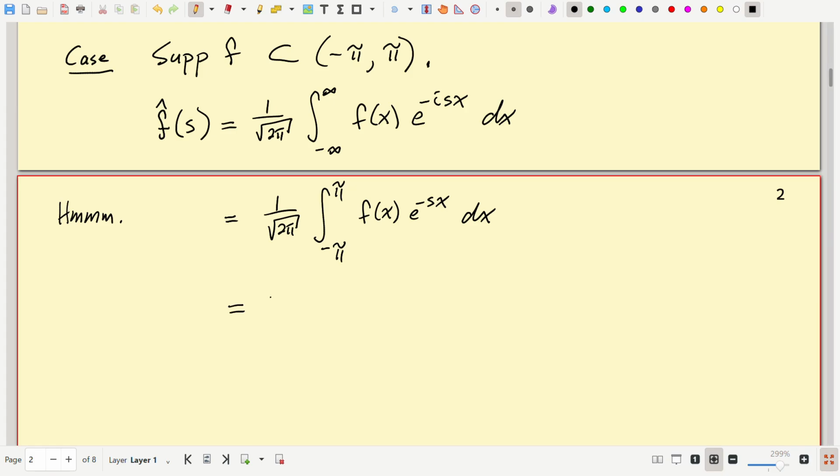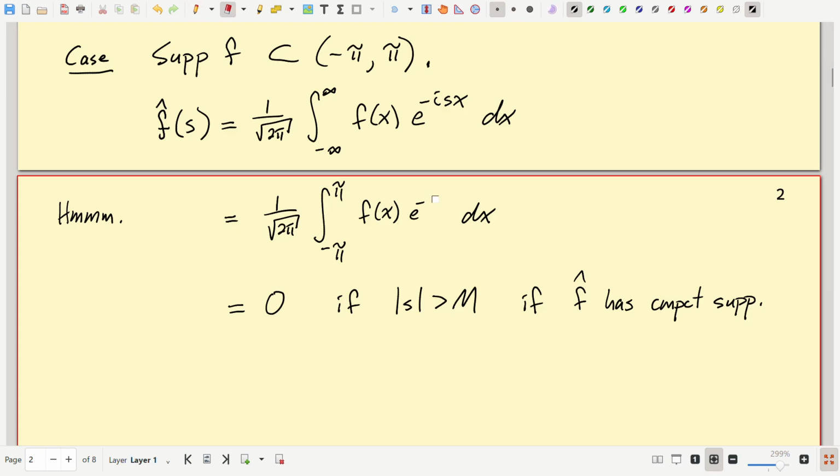So this would be equal to 0 if s was bigger than something, say bigger than m, if f hat has compact support. Oops, what happened to my i? i s x. Well, there's a lot of integers out there.